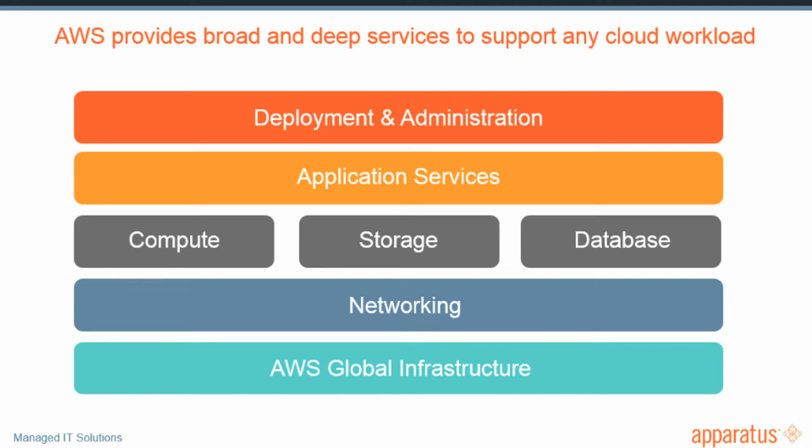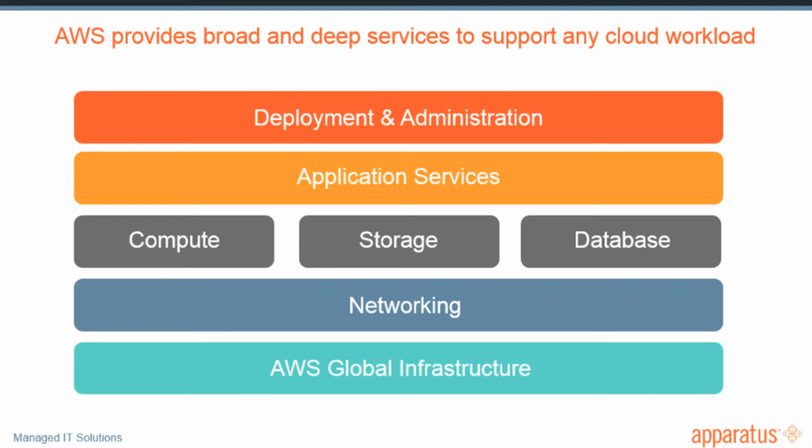Starting with the AWS Global Infrastructure, we're going to cover this a little bit more in detail in the next few slides, but AWS provides resources in various regions and availability zones around the world. This will help you keep your content or your servers close to where you need them, and also provides you with a mechanism for high availability and failover.